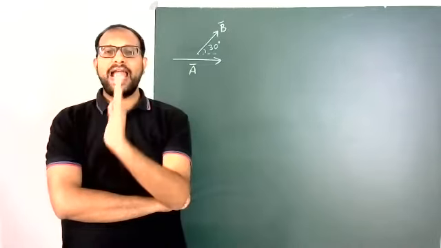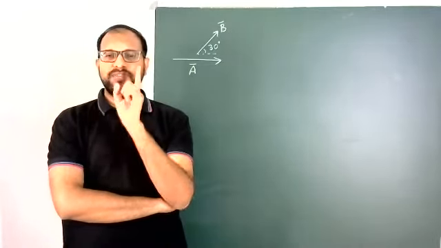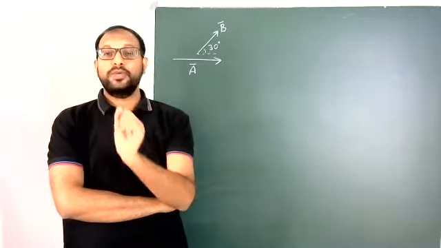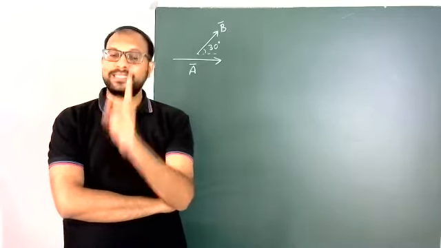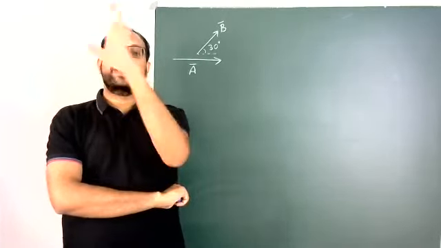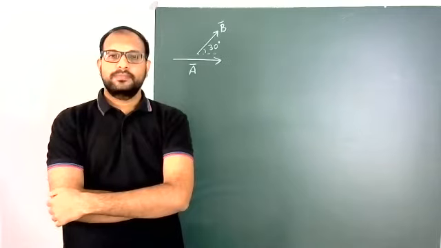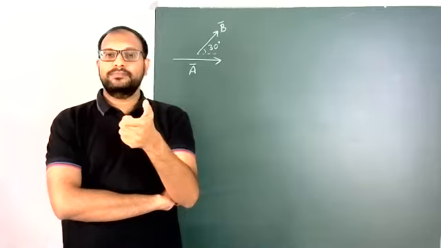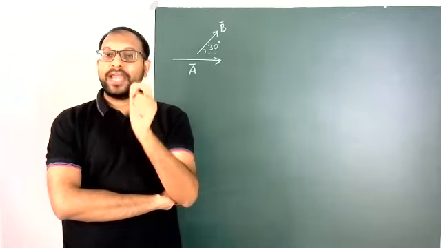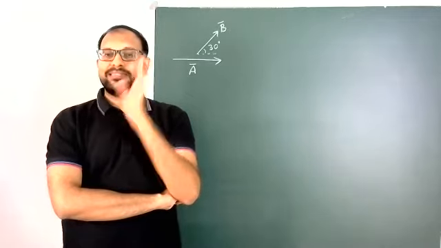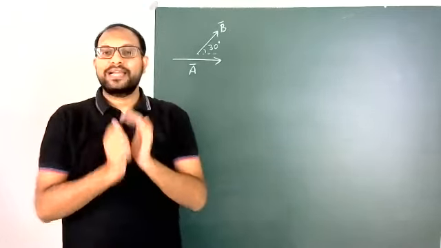How to find the angle between two vectors: first of all, you need to draw the two vectors such that both vectors start from the same point. That means the two vectors' tails should be in contact.